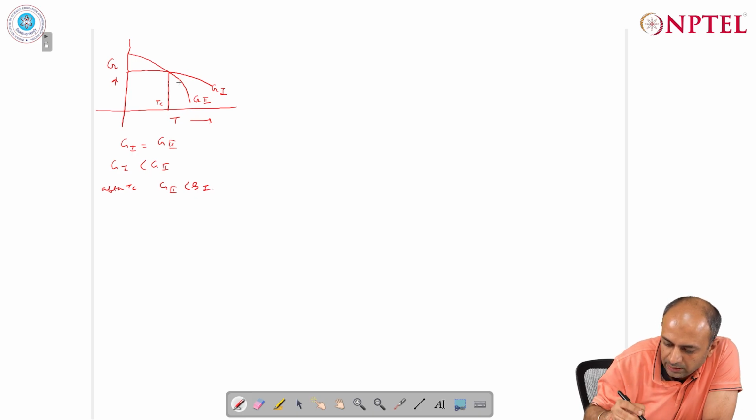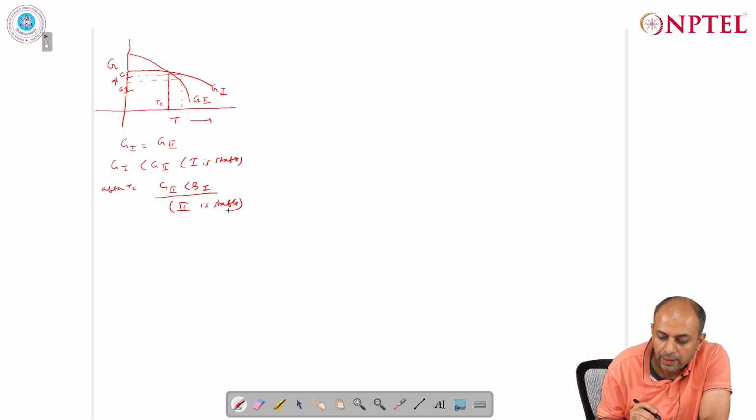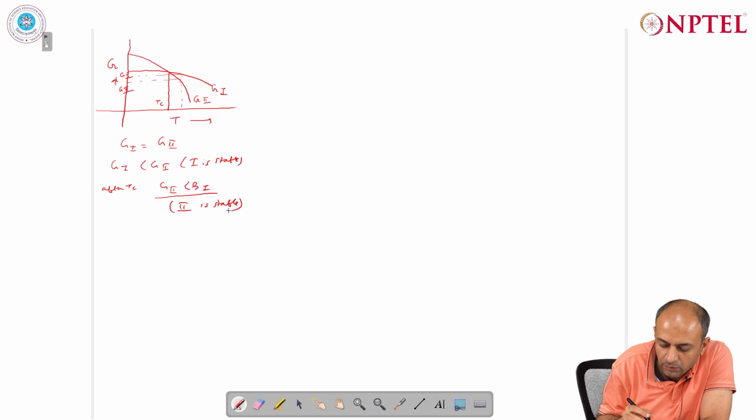If you take any particular temperature, say this particular temperature, you can see that this is G2, which is lower than G1. So after the phase transition temperature, polymorph 2 is more stable.